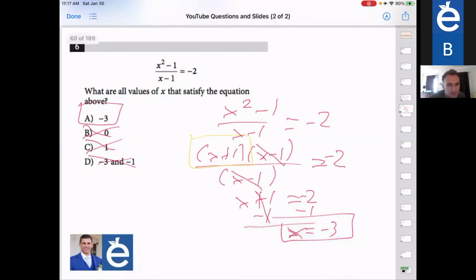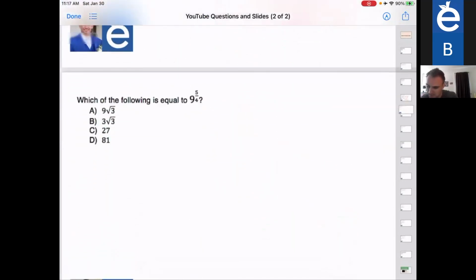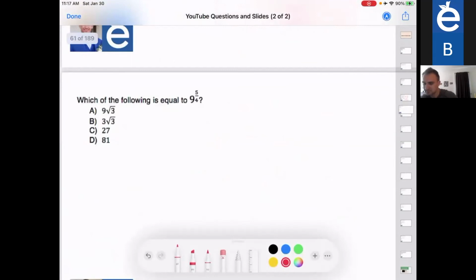All right. Let's see what else we got here. It's another good one. A little bit more confusing exponents, but it'll get those skills a little bit stronger. So it says, which of the following is equal to 9 to the 5/4? So we have 9 to the 5/4.